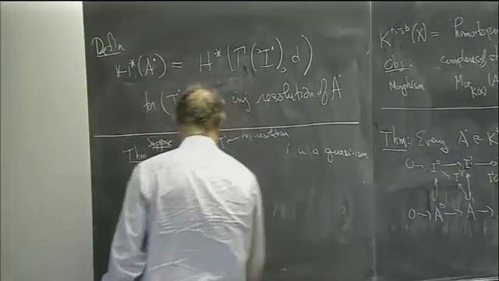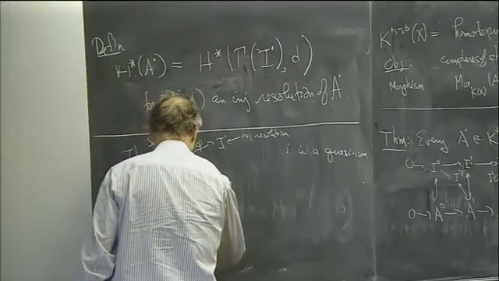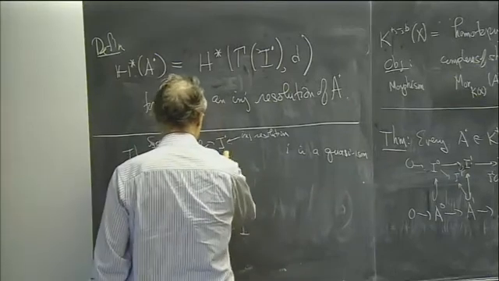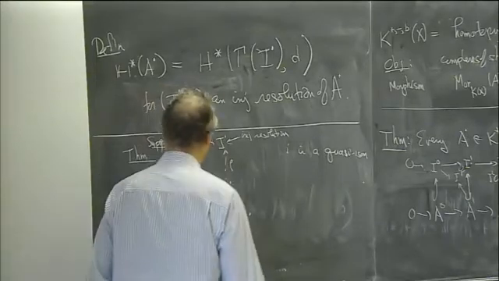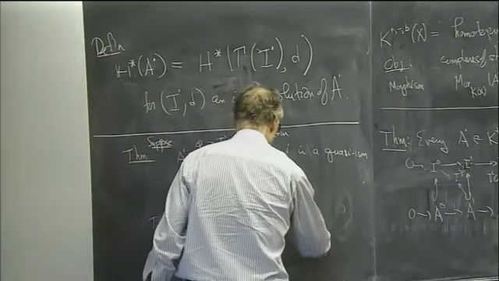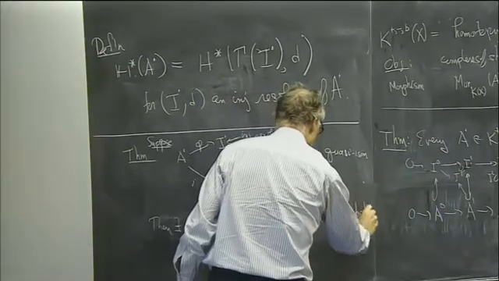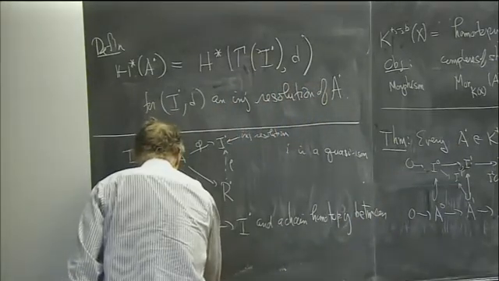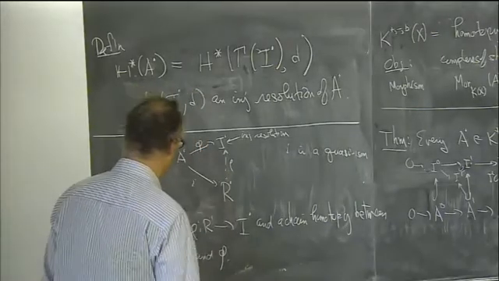Okay. Then there exists a morphism rho from this resolution up to I, and a chain homotopy between I composed with rho and the original injective resolution phi.